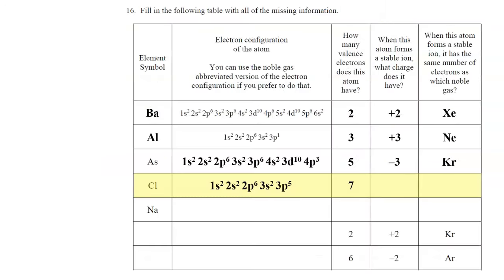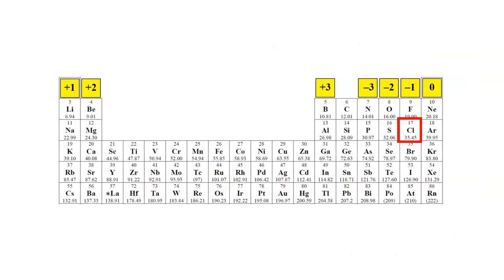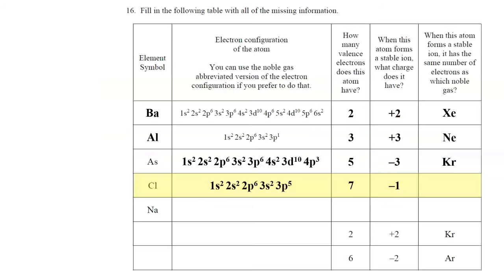So 7 valence electrons, and the charge on the ion is -1. When chlorine forms a stable ion with a charge of -1, it gains 1 electron. So that changes the total from 17 to 18, and 18 is the number of electrons for the noble gas argon, which has the symbol Ar.